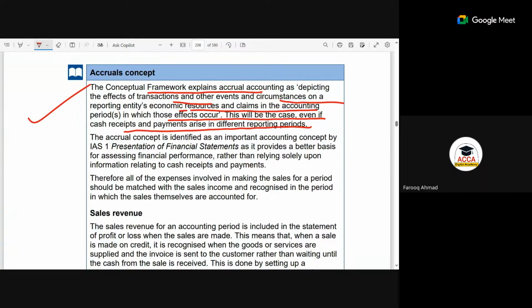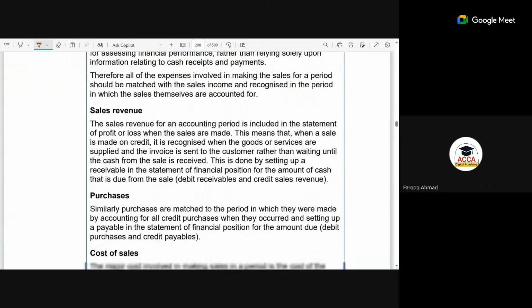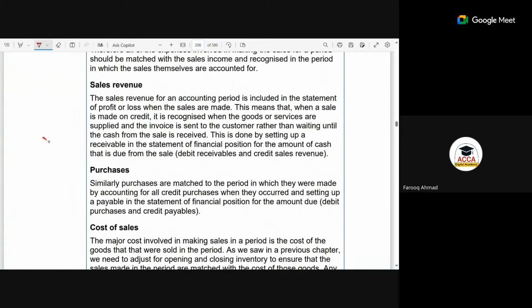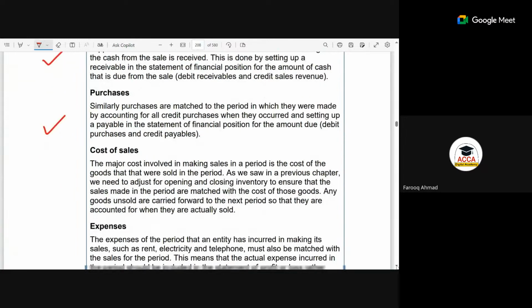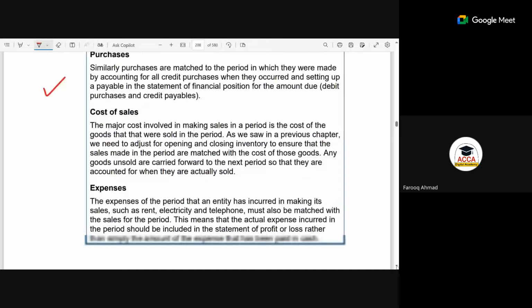As we explained earlier, if you paid 2 years of advance rent, you will mention only 1 year for accounting purposes. If you have received an advance payment for a sale, you will recognize the sale when your goods are shipped. The same applies to purchases and cost of sales. This is the conceptual framework.